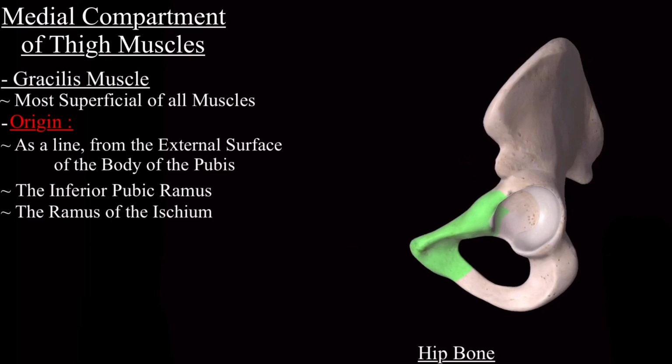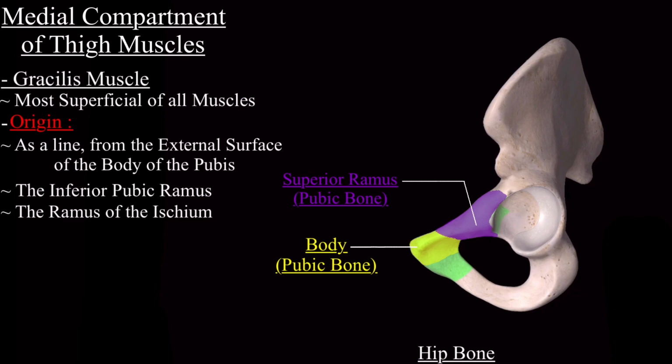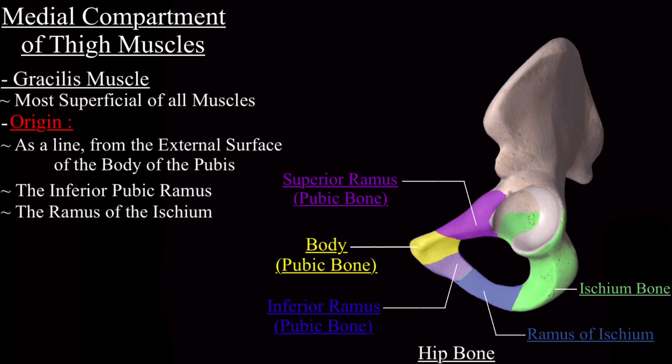We divide the pubic bone into 3 parts: the body, the superior ramus, and the inferior ramus. This is the ischium bone. And this is the ramus of the ischium. And the gracilis muscle originates as a line from the external surface of the body of the pubis, the inferior pubic ramus, and the ramus of the ischium.